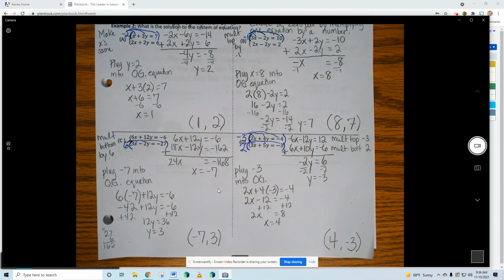So, I want to do which equation? You have lots of worksheets.